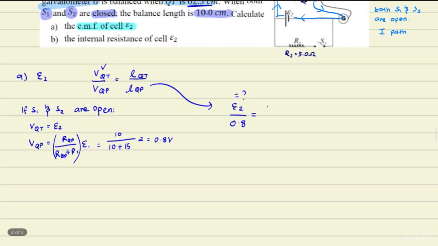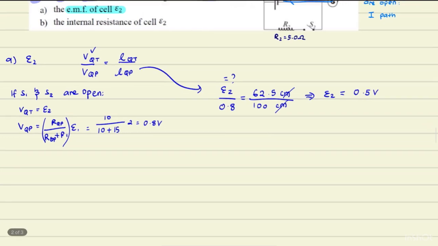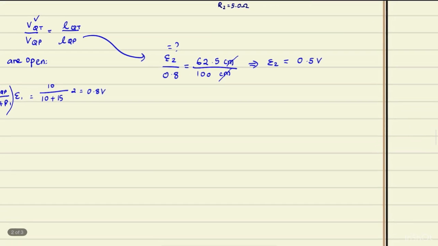So, 62.5 cm divided by 100 cm, sebab dia 1 meter kan. So, ini cancel. Jawapan kamu, EMF 2 akan sama dengan, boleh guna kalkulator terus lah. Tidak perlu tunjuk satu-satu step, tapi it will be good to be careful. 62.5 bagi dengan 100 darab dengan 0.8. Dia jadi 0.5 volt. Okay? That's the answer for the first question.